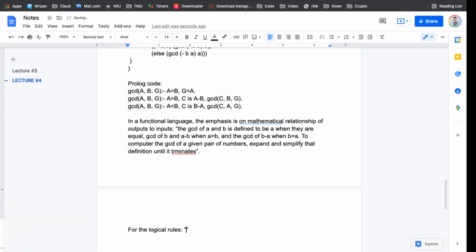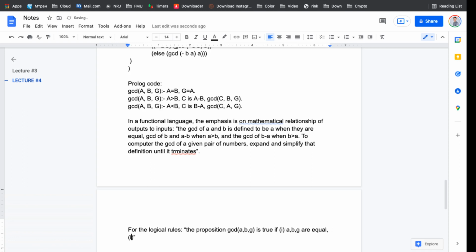The proposition GCD of A, B, G is true if A, B, G are equal. So that's one, right? That's the first rule.